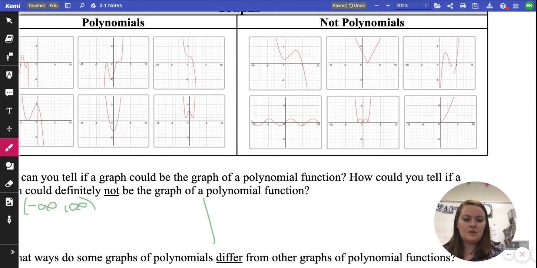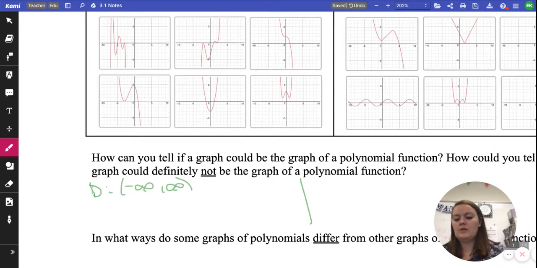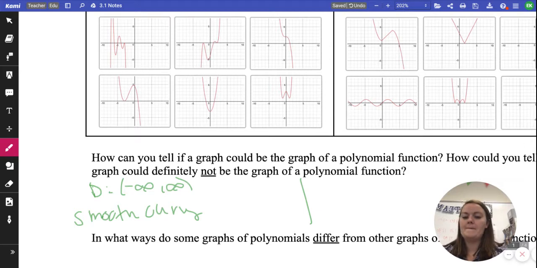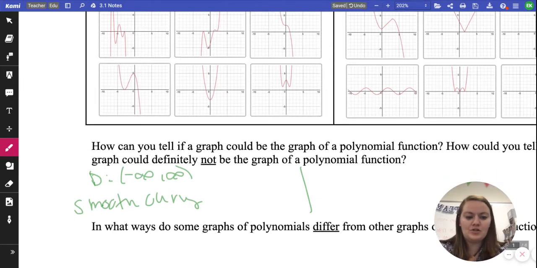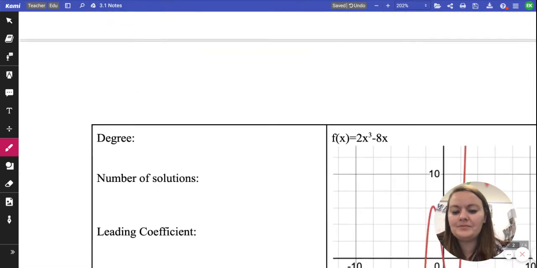This one, we don't have domain between those two numbers. So a polynomial will have infinite domain. Also, a polynomial will have smooth curves. This is a calculus thing you'll learn later, but if there's a sharp corner, that means it's not differentiable. But you'll learn about that later. Don't stress about it for now. So we can tell by the graph if it's a polynomial.